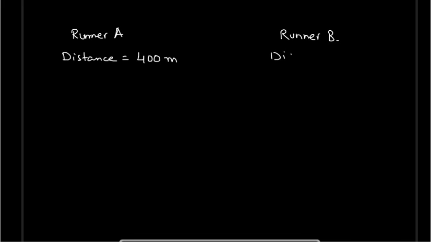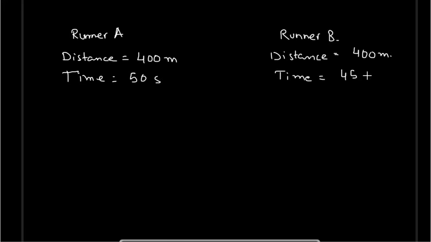And the second runner is also covering a distance of 400 meter. The first runner is taking a time of how much? 50 seconds. And the second runner is taking a time of 45 seconds. So we find the speed. The formula for speed is distance upon time.